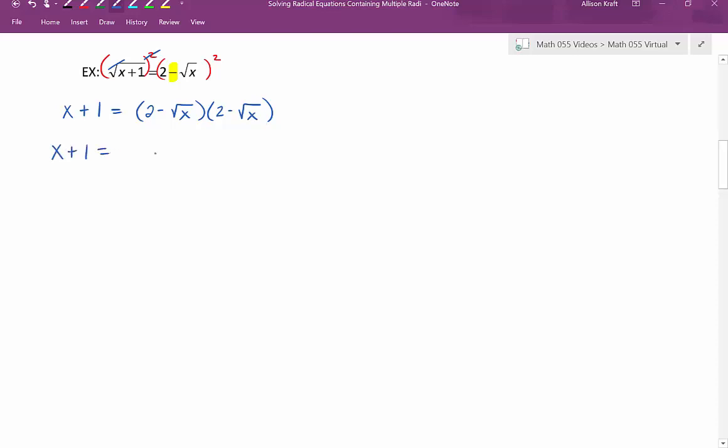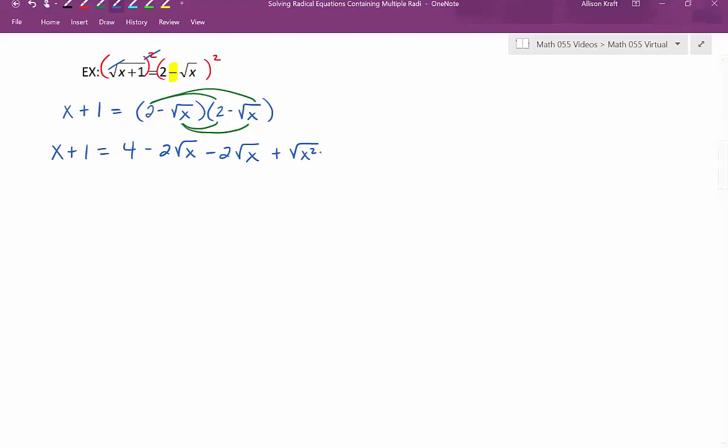Multiplying out our right side, we're going to get 4 minus 2 square root of x minus 2 square root of x plus the square root of x squared.